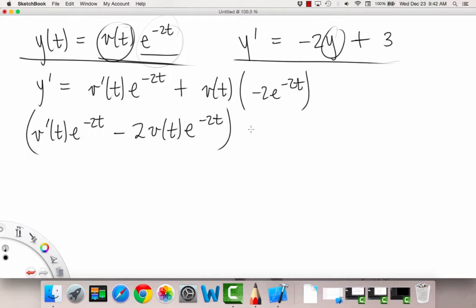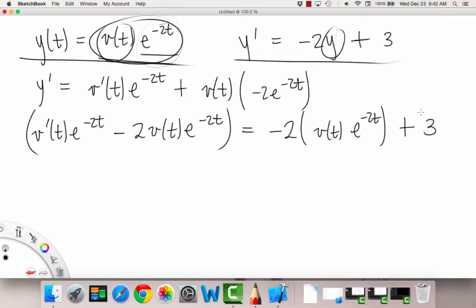This is our y prime, equal to, and then according to our ODE, negative 2 times y, and for y we plug in everything we see here: v of t times e to the negative 2t, and then plus 3, because the equation told us to put a 3 there. We see that this term here and this term here are exactly the same, so those cancel out nicely.